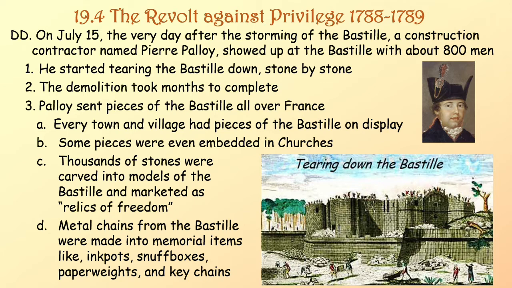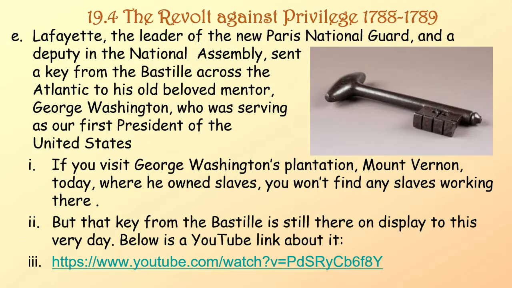Every town and village had pieces of the Bastille on display. Some pieces were even embedded in churches. Thousands of stones were carved into models of the Bastille and marketed as relics of freedom. Metal chains from the Bastille were made into memorial items like ink pots and snuff boxes and paperweights and keychains.